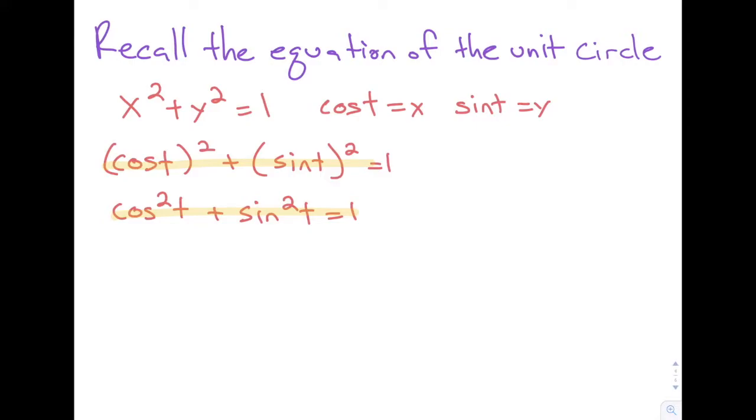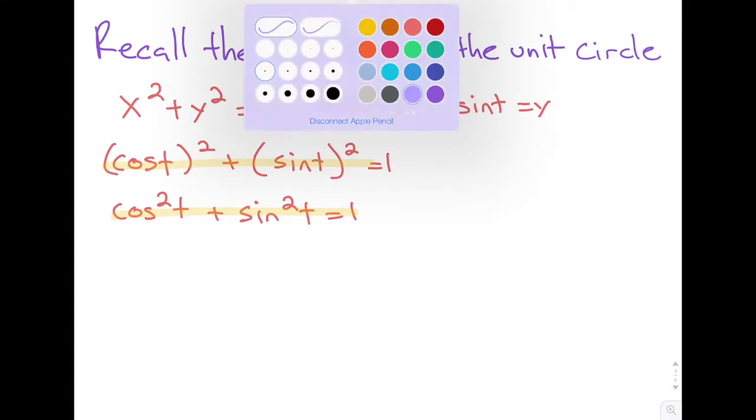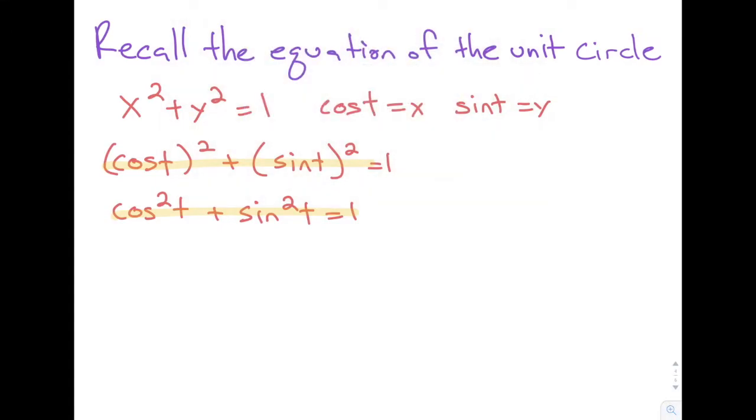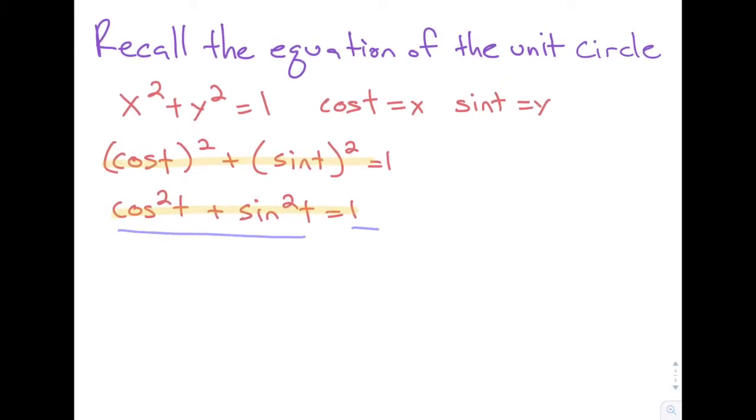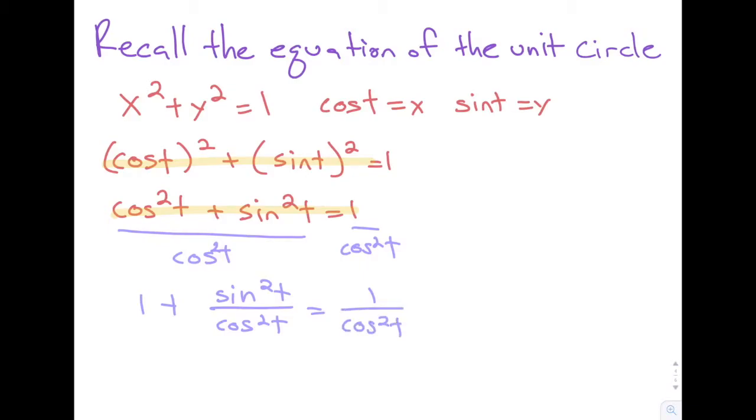Now, if we took this a step further, because it's fine to have a relationship for cosine and sine, but what about our other trigonometric functions? Well, we could easily derive them using this Pythagorean identity. It's called the Pythagorean identity because of the Pythagorean theorem. So let's divide everything by cosine first. If we divide both sides of this equation by cosine squared t, we'll have 1 plus sine squared t over cosine squared t equals 1 over cosine squared t.